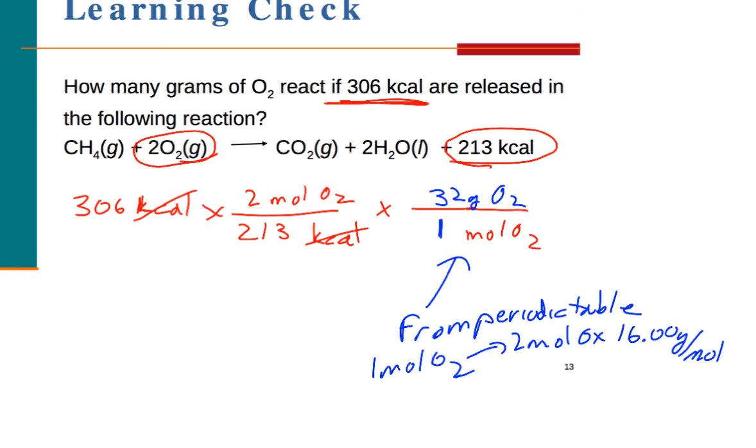Hey, grams of oxygen is what I'm looking for, so I must be done. So I just need to multiply everything on top, divide through by everything on the bottom.